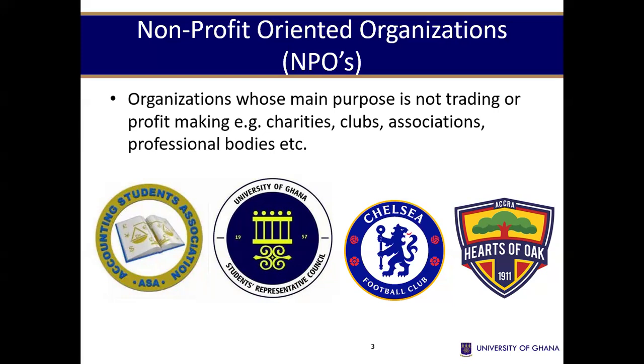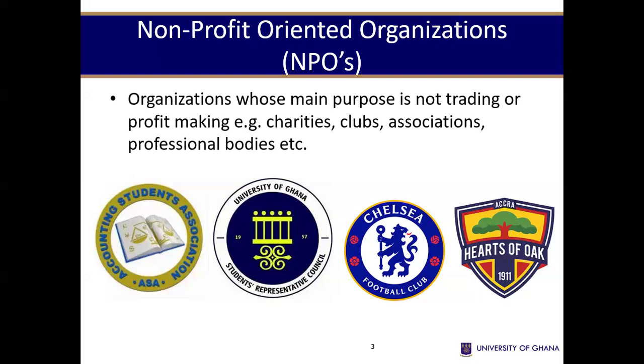So if we are thinking of non-profit organizations, I believe there are several of them that come to mind. The key distinguishing feature between this type of organization and a private firm or a profit organization is the fact that their main purpose is not to make profit. However, there are instances where they could be engaging in some other activities, but of course, these are not their main reason for existence.